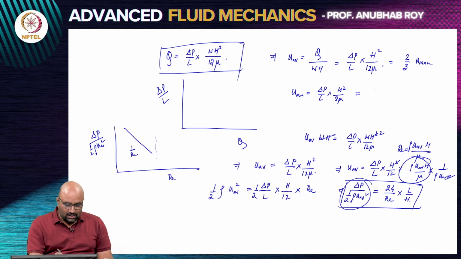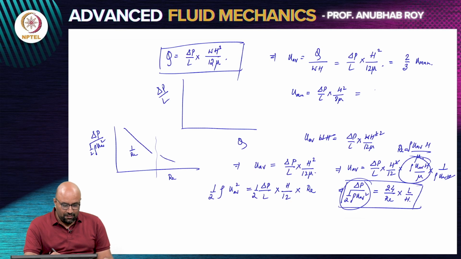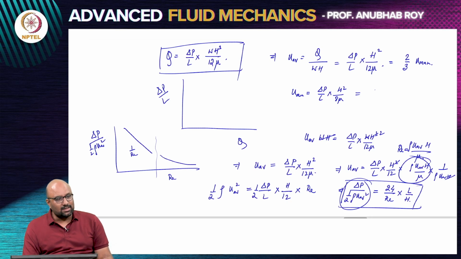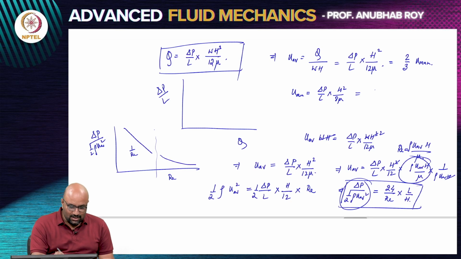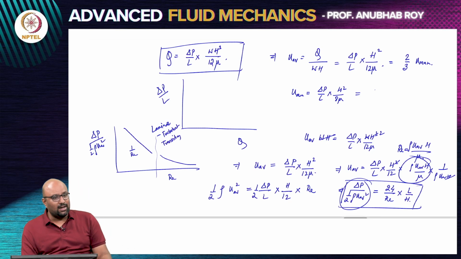Now beyond a certain Reynolds number, the assumptions that we have made start to break and you don't see any further decrease in this 1 by Reynolds kind of behavior. That is where all the assumptions break down, and the nice rectilinear, fully developed, steady problem transitions to a turbulent flow.